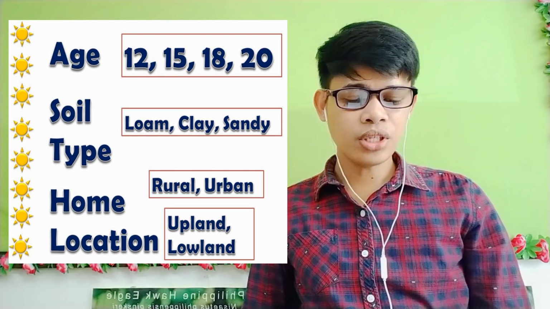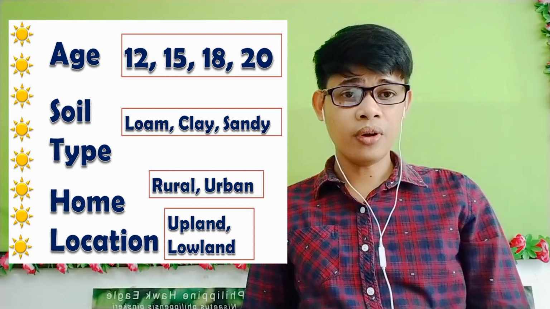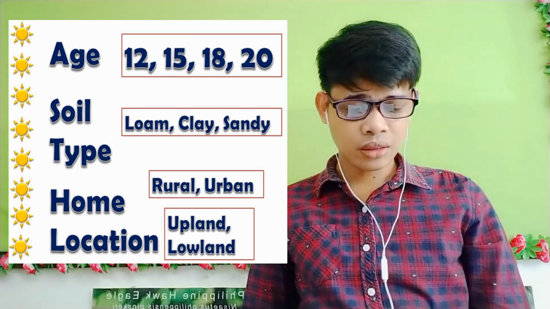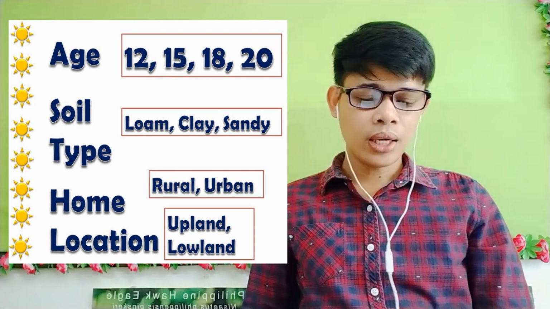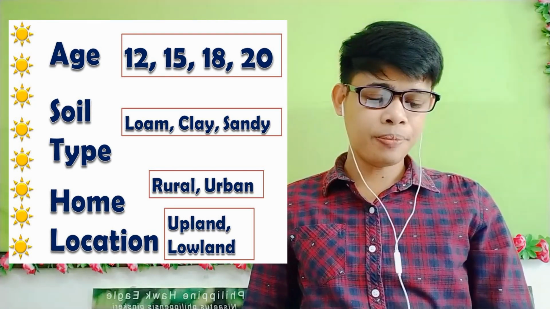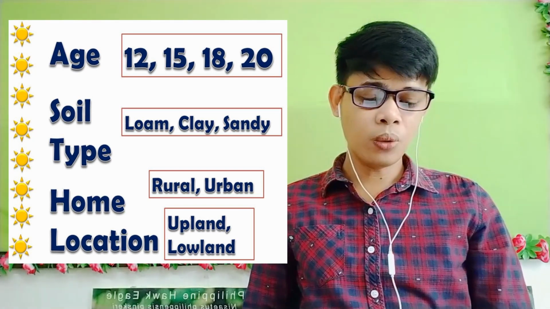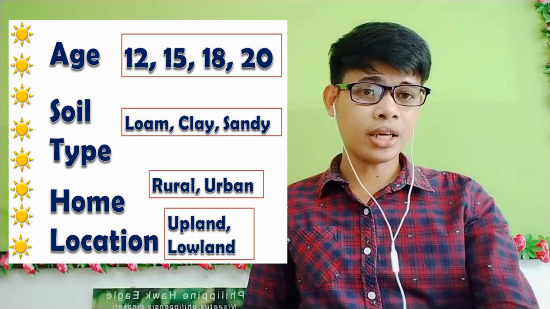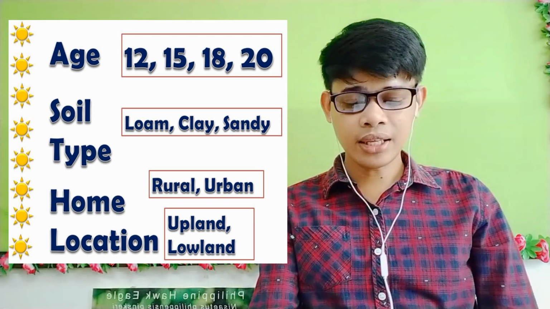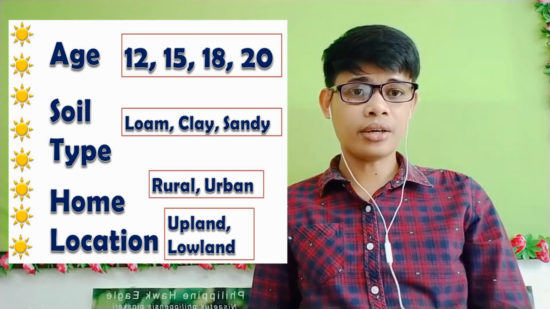Home location is a variable that has the following categories. It depends on what you will use in your research. For example, the categories can be rural or urban, or it could either be lowland or upland. If there are still other categories that are related to it, they can be used. So it depends on you as the researcher also.